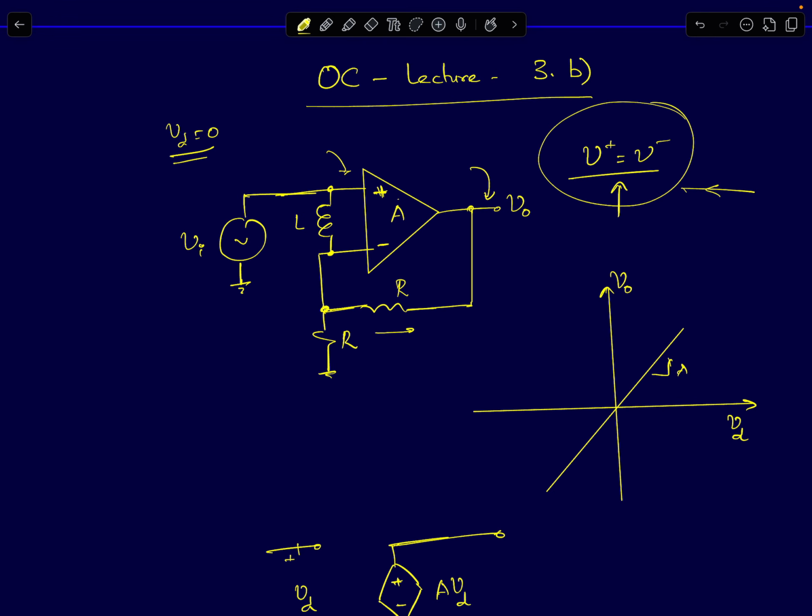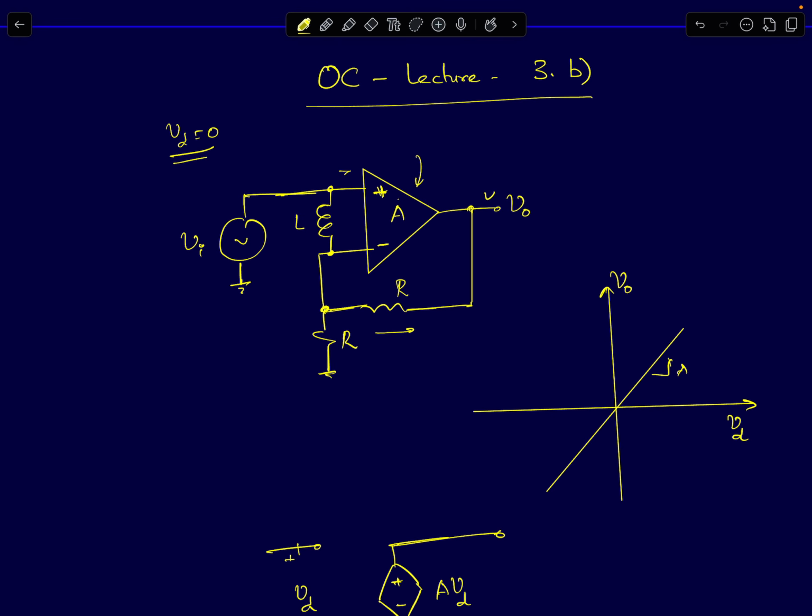So we were trying to slowly understand that, and in one of the problems, I introduced an inductor between the inverting and non-inverting terminals. The problem was that instead of assuming an ideal op-amp, assume an op-amp with a finite gain.